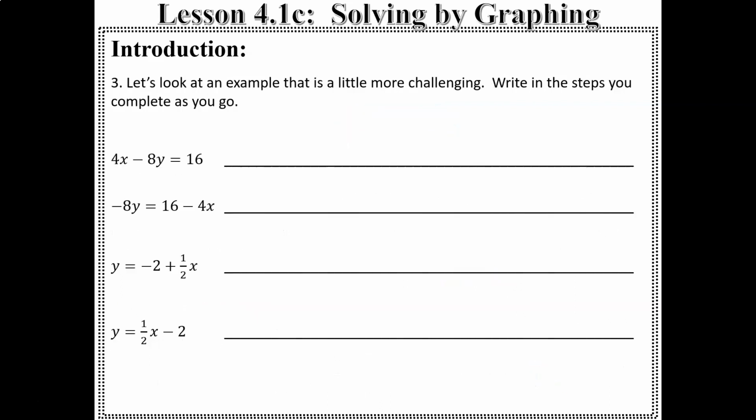Okay, so let's look at an example that's a little more challenging. We're going to write the steps in as you go. You have 4x minus 8y equals 16. So the first thing we're going to do is subtract that 4x from both sides. So write that down. Subtract 4x from both sides.